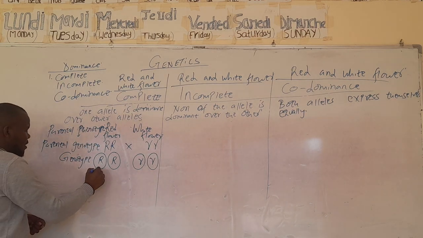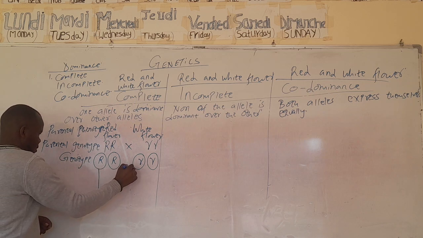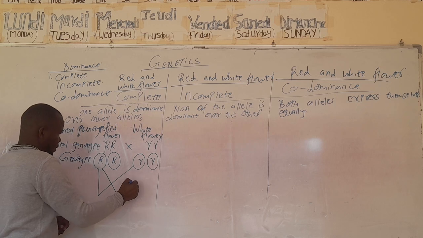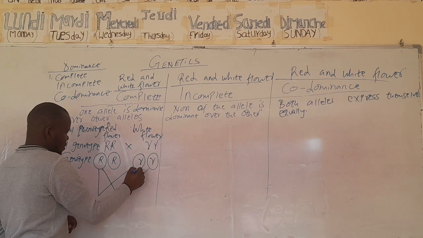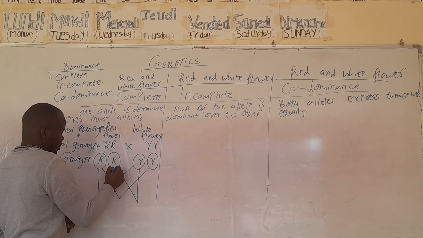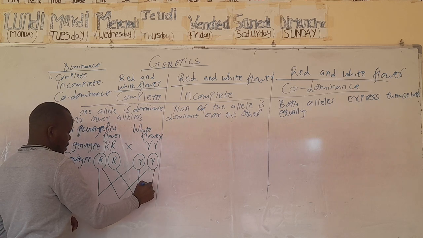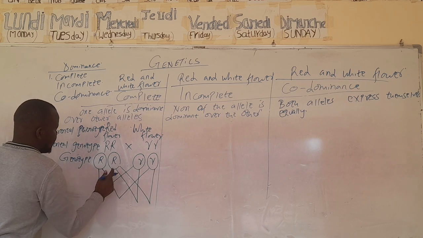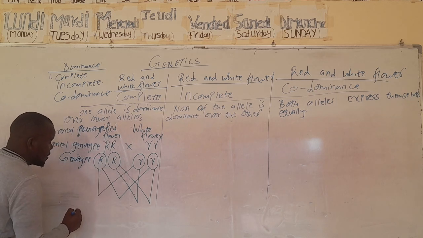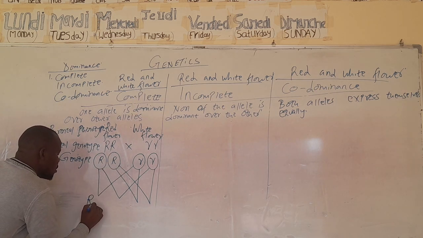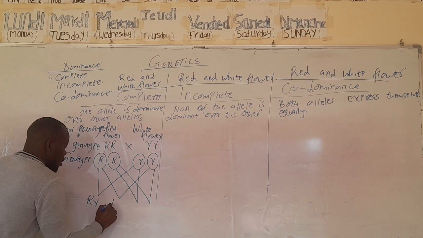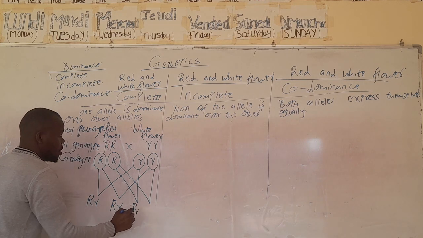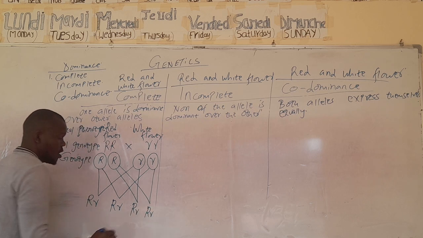You have the fusion lines, the first, the second, and the last. This is what you get: capital R small r, capital R small r, capital R small r, capital R small r.